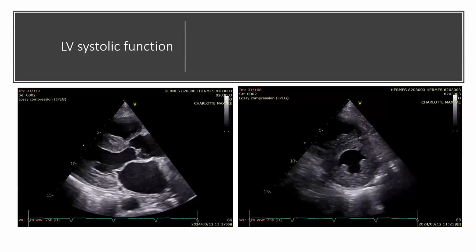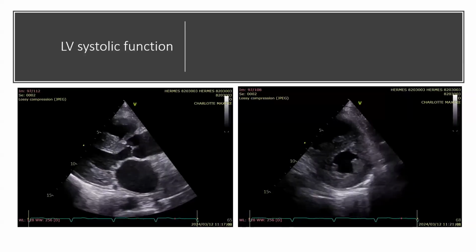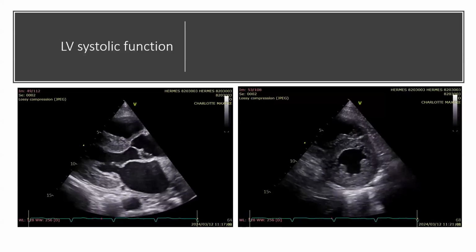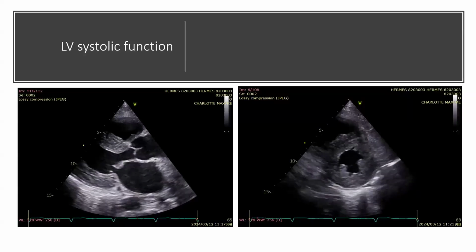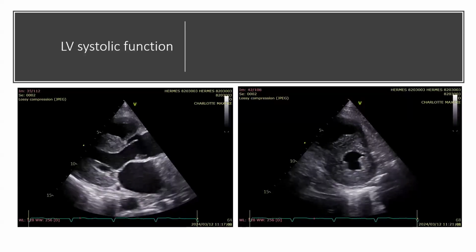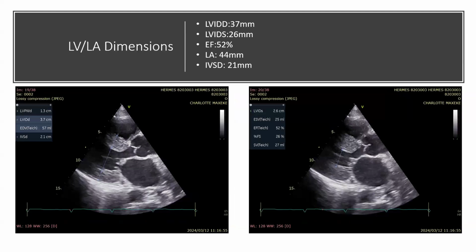And then his echo, you can appreciate the preserved LV systolic function, the concentric LVH, and he had a biplane ejection fraction of 52% with LVIDD of 37 millimeters, LVIDS of 26, and an LA diameter of 44, and left ventricular hypertrophy as evidenced by the intraventricular septal diameter of 21.